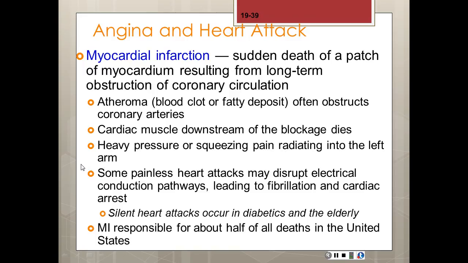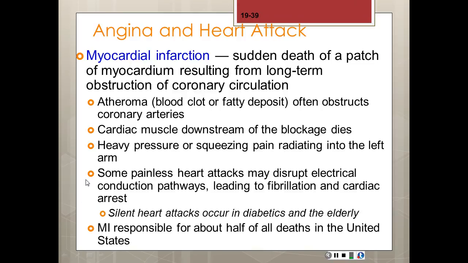I've heard of quite a few endurance runners that just so happened to make it to the emergency room, and they were told that they had a heart attack.